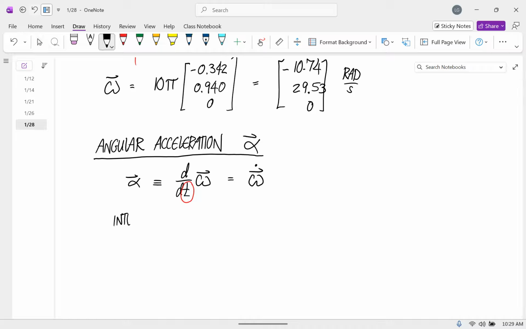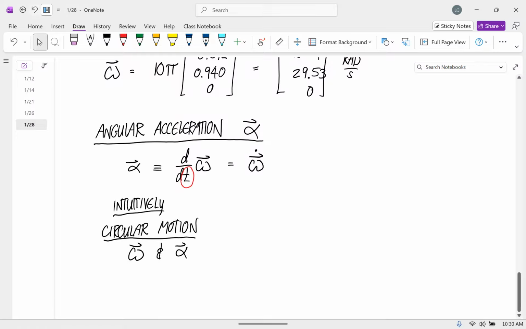And here is the way you can think about this intuitively. For circular motion, omega and alpha are always parallel to each other.